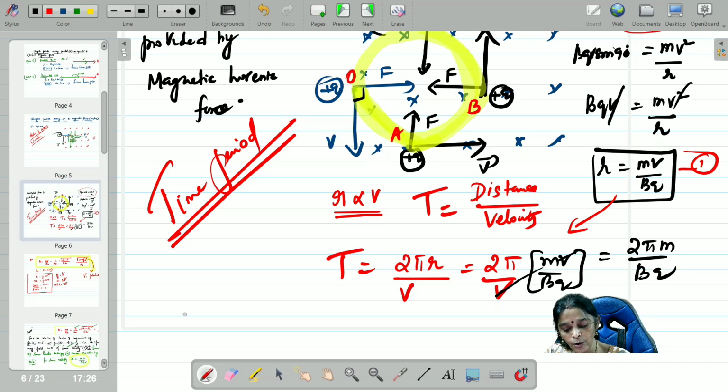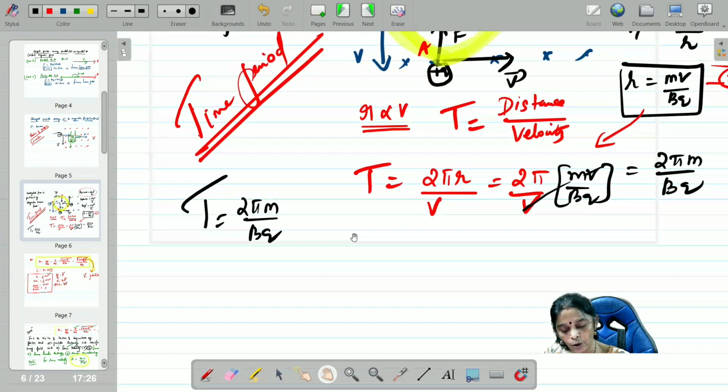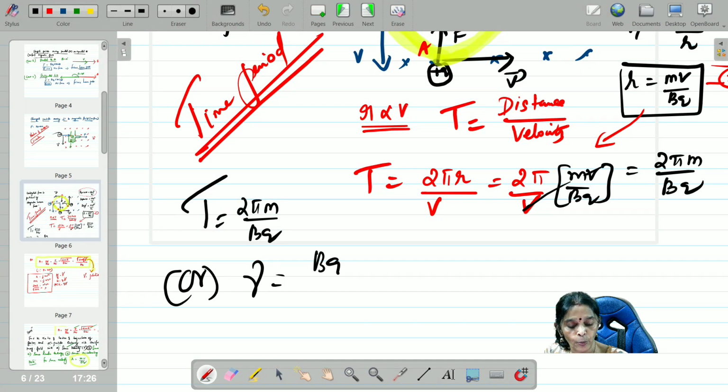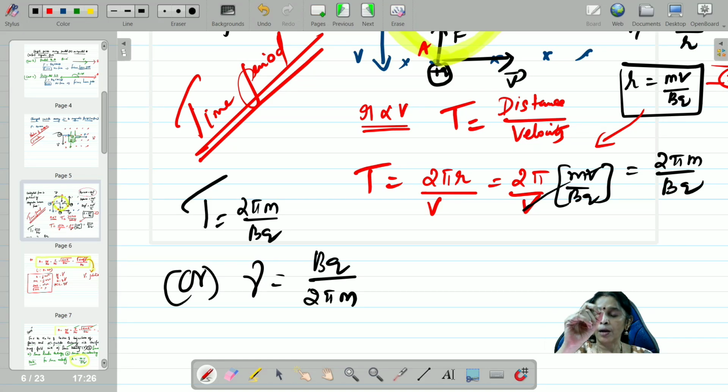So from this, what can you understand? The time period is equal to 2 pi m by bq, or the frequency is equal to bq by 2 pi m. Neither the time period nor the frequency of the charged particle depends on velocity.